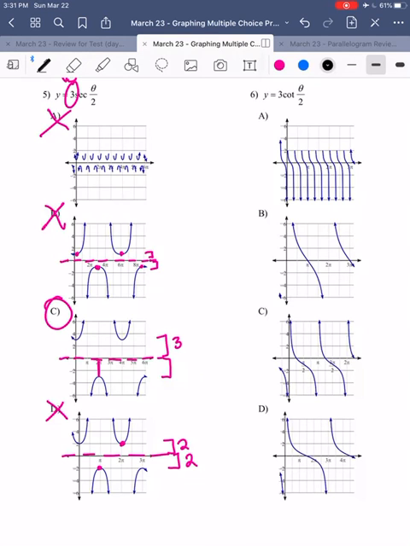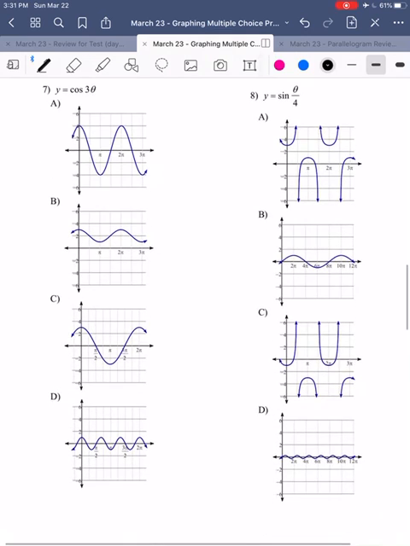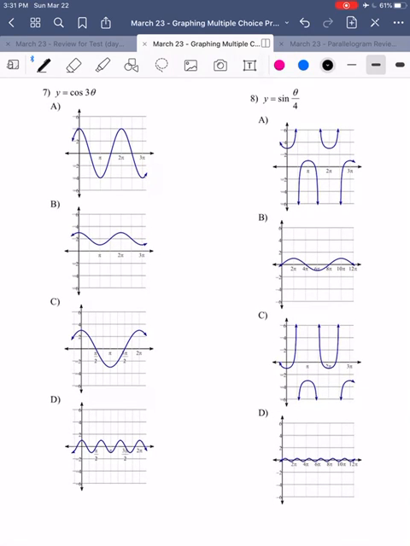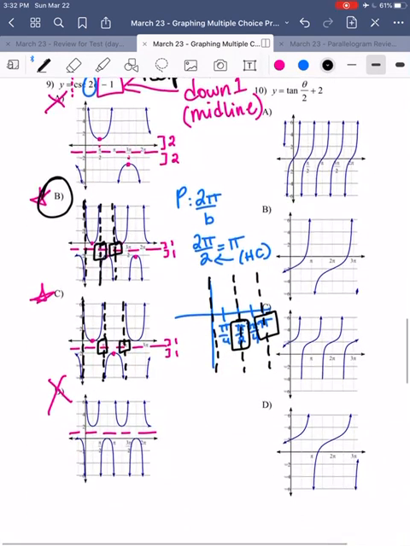So I think the period is going to help you out the most on number 6 and sketching it yourself. 7 can be a little tricky as well, so I would suggest sketching it yourself. It's all based on the period, and so is number 8. Now, number 8, you should be able to knock out 2 of them pretty immediately that don't even look like sine. Okay?